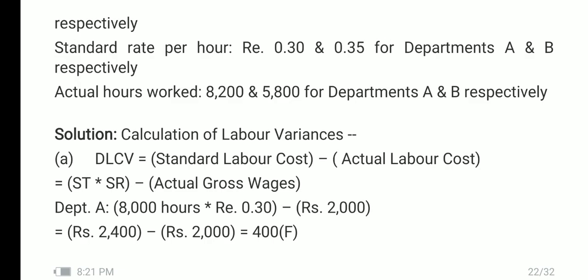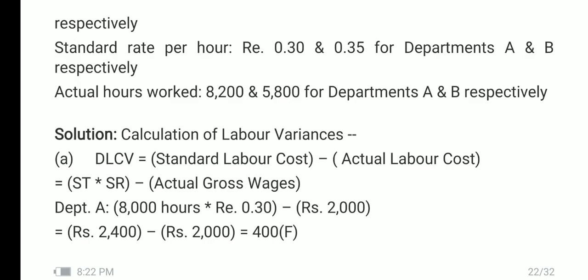Actual hours worked in department A are 8,200 hours. In department B, 5,800 hours have been worked. See here, we are observing standard hours for department A 8,000 hours, but actually worked 8,200 hours. Then in department B, standard hours specified 6,000 hours, but work has been completed within 5,800 hours.